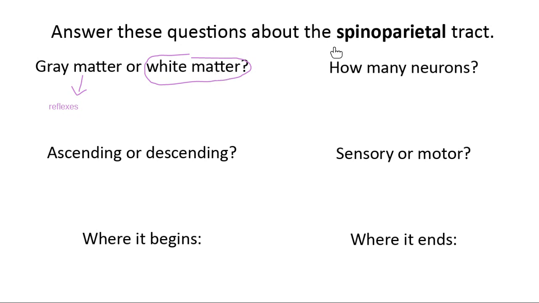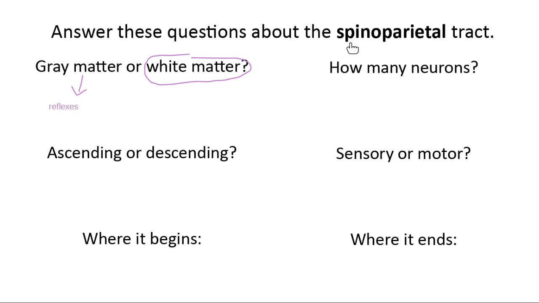Now, this particular tract is called the spinoparietal tract. And when we were talking about these tracts, remember we mentioned that their name tells us where it starts and where it's going, or where it ends. So this particular tract has spino as its first name and parietal as its last name.